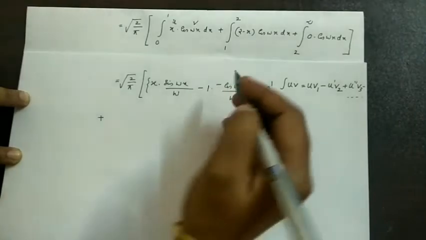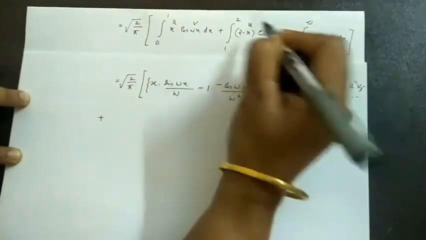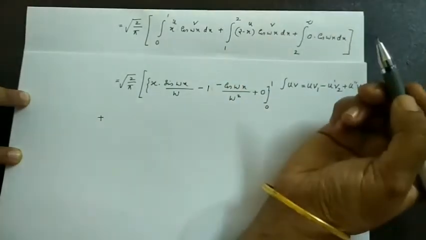for integral from 1 to 2, 2 minus x is the term u and cos omega x will act as v.